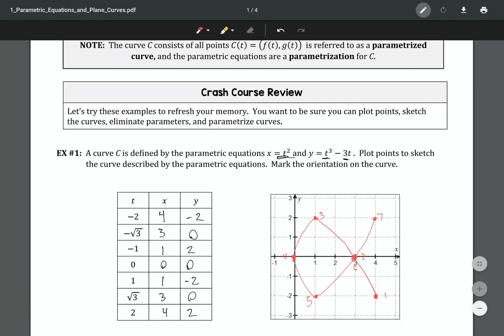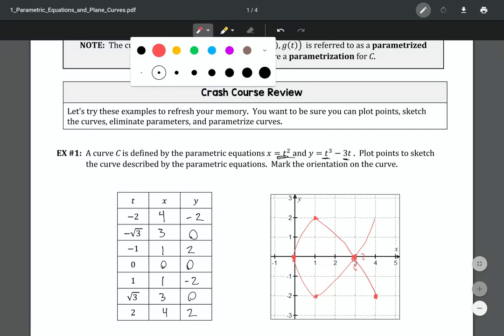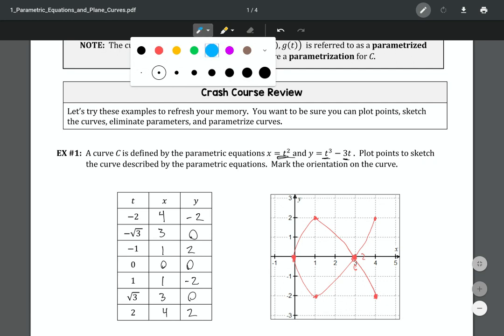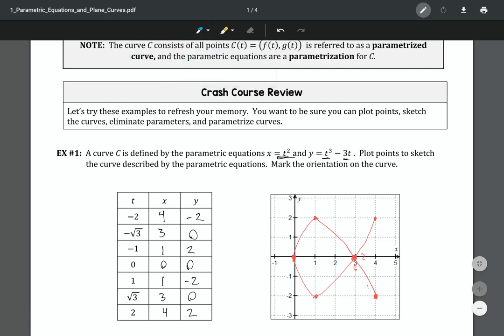Now, when we graph a parametric equation, we normally don't write these numbers like 1, 2. But what we do draw on here is the direction in which this particle, or whatever it may be, was heading.